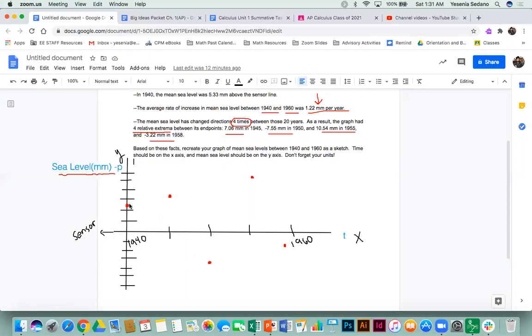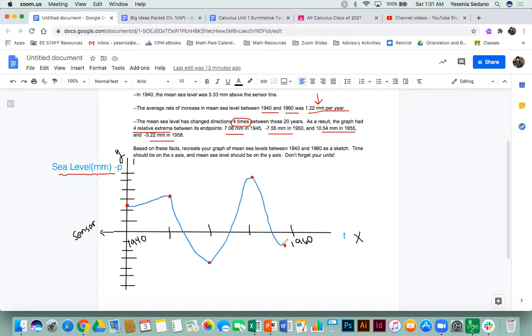So I have to try to connect these with smooth lines. There we go. By the way, this point is lower than this point, so this is a slight maximum, a slight extrema right here. And it's going to go here. I'm trying to make a smooth kind of curve between the points. That's looking okay.